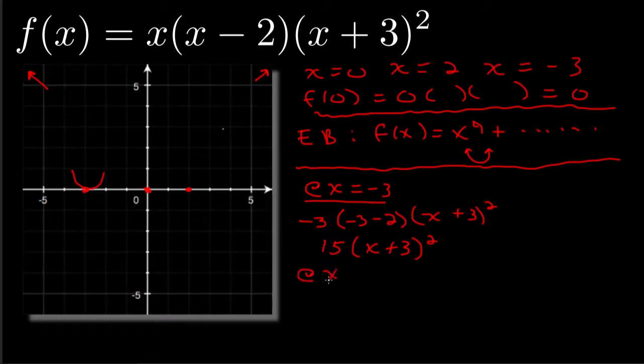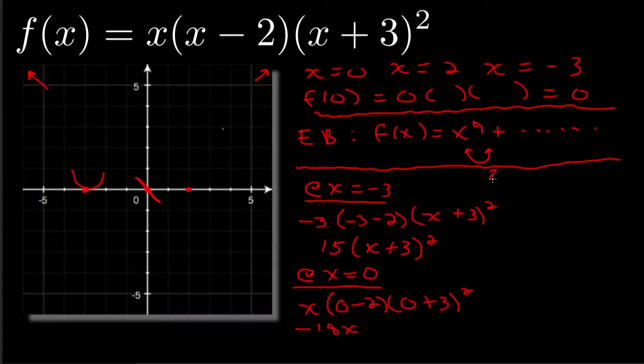At x equals 0, again, when I plug into all the terms except those that would produce a 0, the first term is going to stay x, the next term is 0 minus 2, and the last term is 0 plus 3 squared. Negative 2 times 9 is negative 18, negative 18x, linear shape with a negative slope, so through the root at x equals 0, negative slope, but linear.